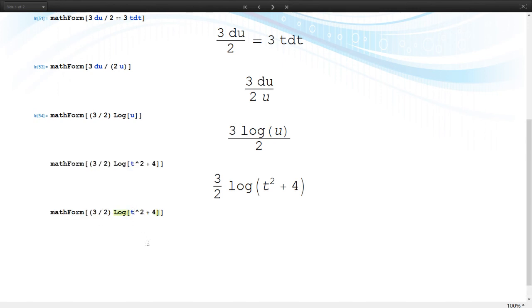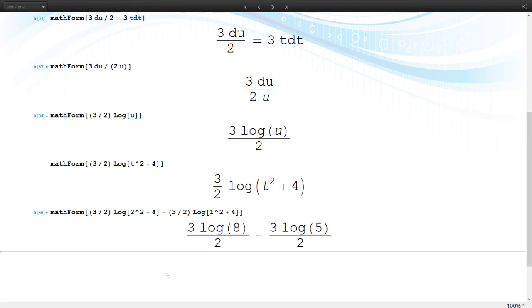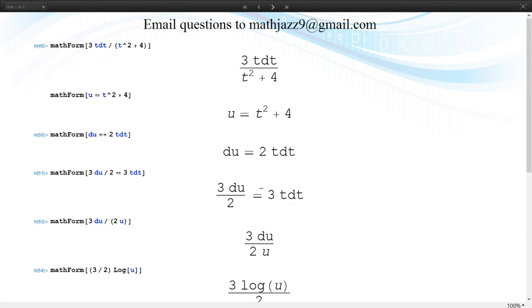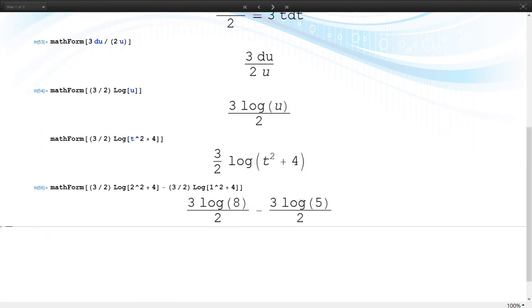So we plug in 2 and we plug in 1. And that gives us this value, which I think was, let's see.